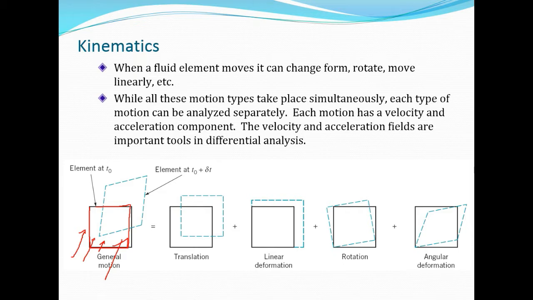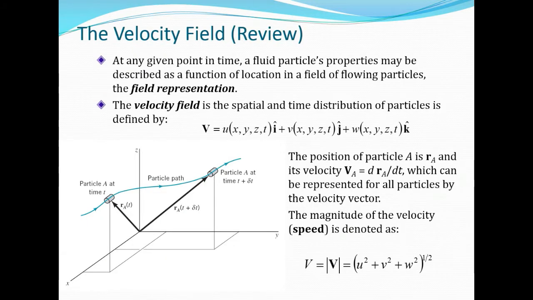These things are going to operate on this square and either translate it, just move it unchanged from point A to point B, or potentially stretch it, or rotate it without changing its shape, or squish it or angularly deform it by coming in from different sides. It really depends on the velocity field. So kinematics is about trying to understand that so that you can work with general types of flow fields.